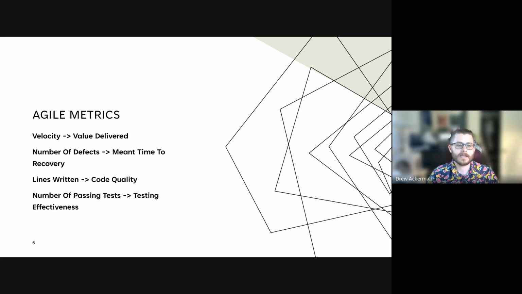Let's shift it to mean time to recovery. Mean time to recovery is, if a defect occurs, how long does it take for us as a team to identify it, come up with a fix, and deploy that fix? What's that timeline look like?